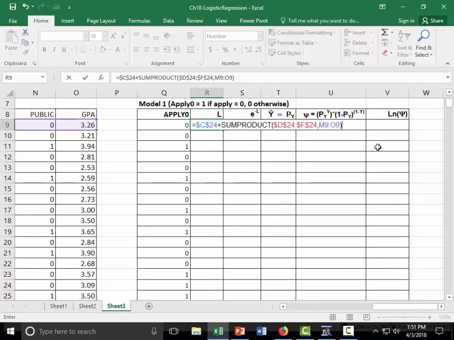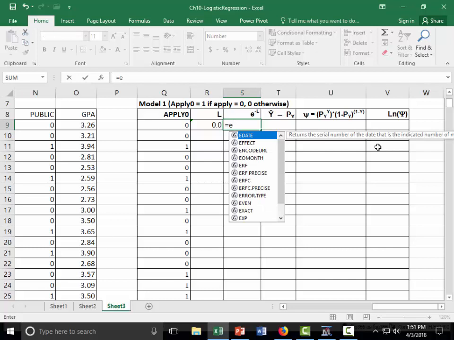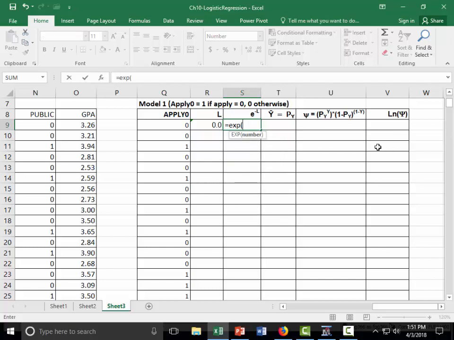Okay, so far? Okay. And then we do our exp to the power of minus L. Then y hat is 1 over 1 plus e to the power of minus L. So that's the probability of target being equal to 1.